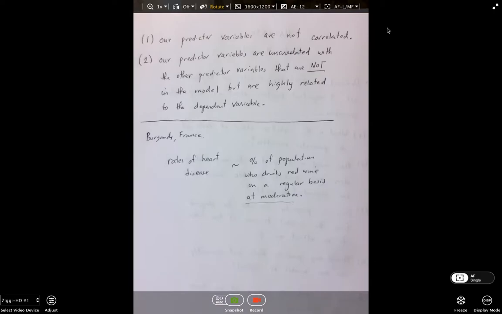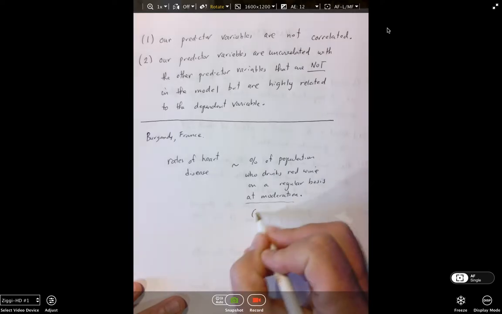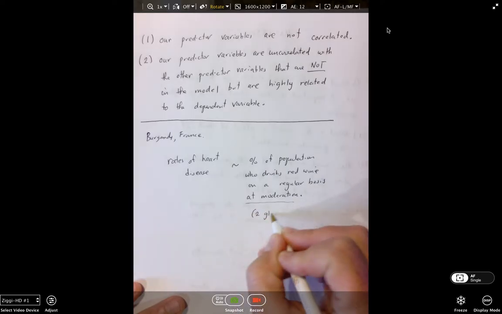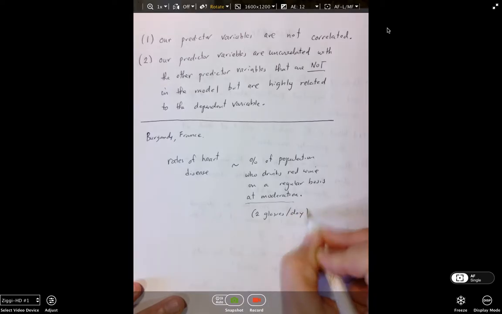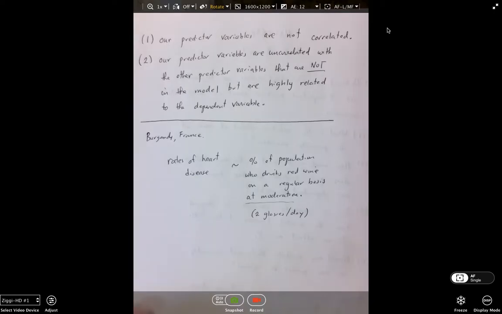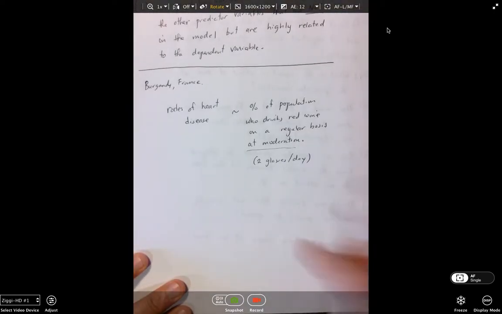Not that I would ever do that. So again, the percentage of population who drinks red wine, and I think they actually got this down to 2 glasses per day. Now, I have really big glasses, so we bought big glasses maybe for that very reason. Who knows?